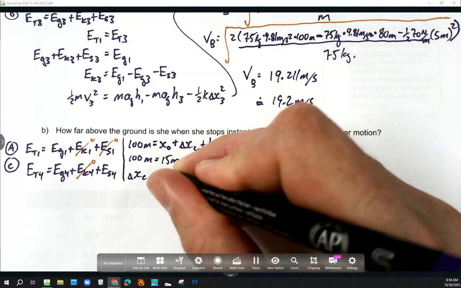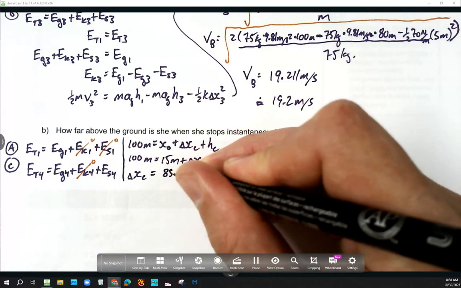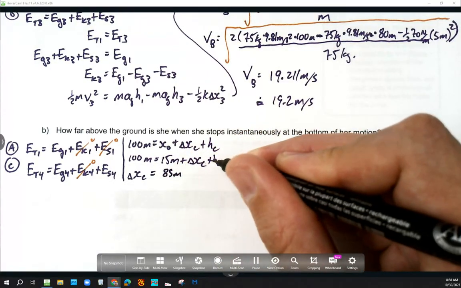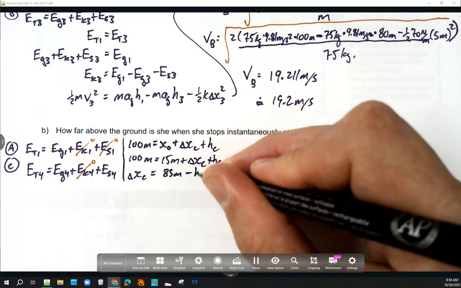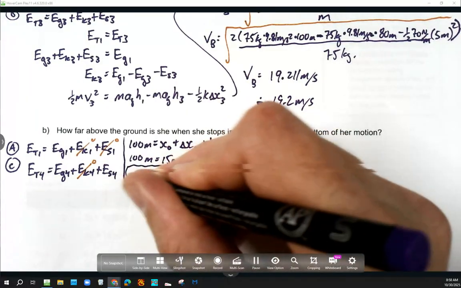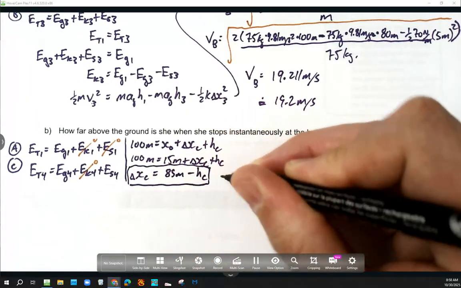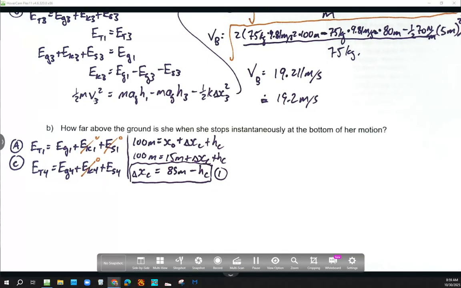So delta XC could be written as 100 minus 15, 85. Take the HC over to the other side, 85 minus HC. Okay? Now, I want to put a box around that, and I want to put it in my back pocket for later as equation 1. So it's a binomial that I'm going to hold on to for later.